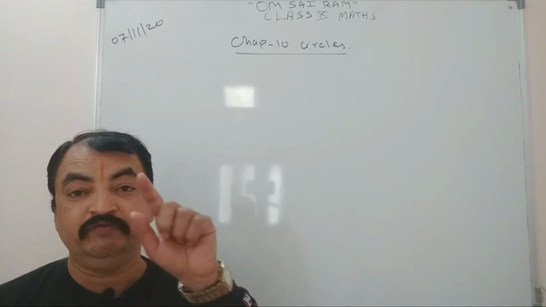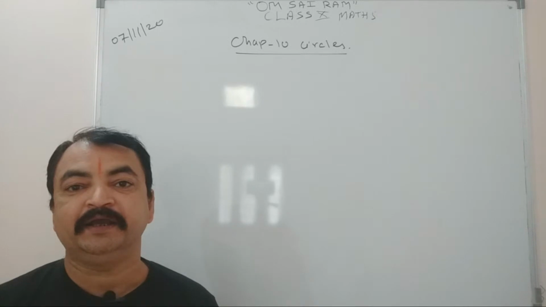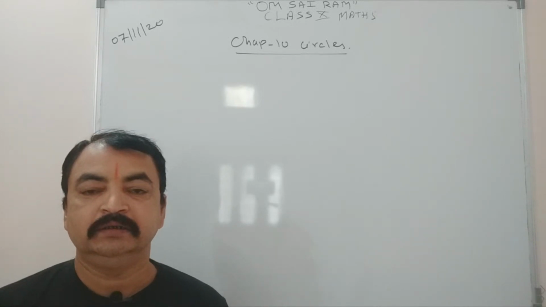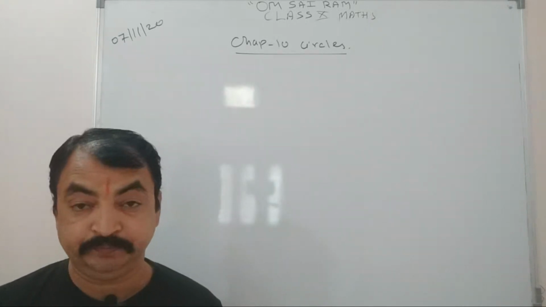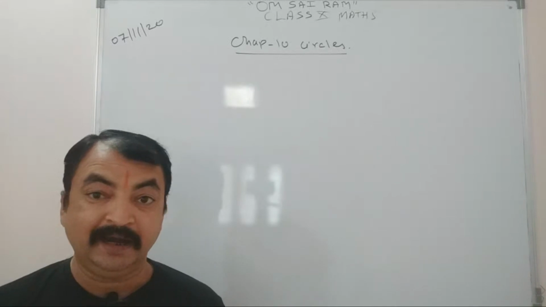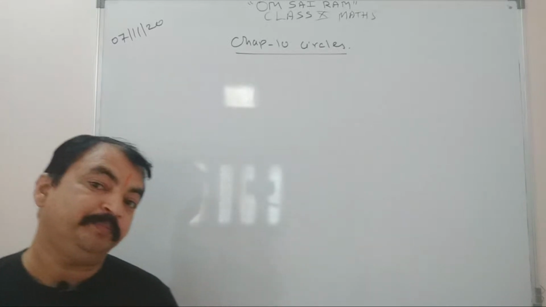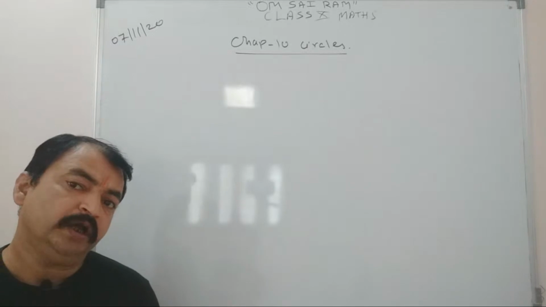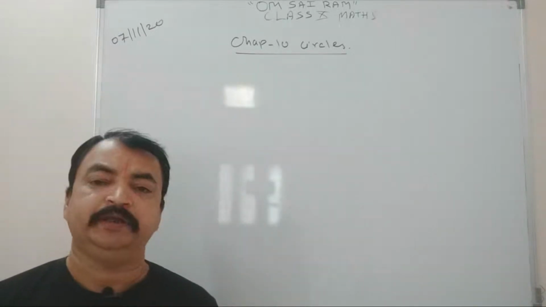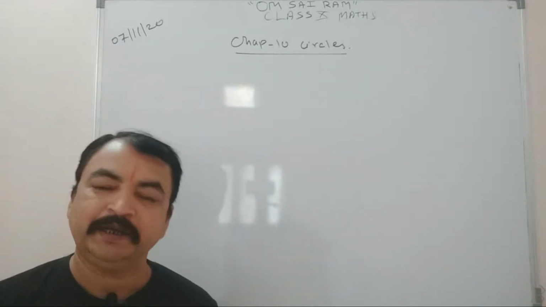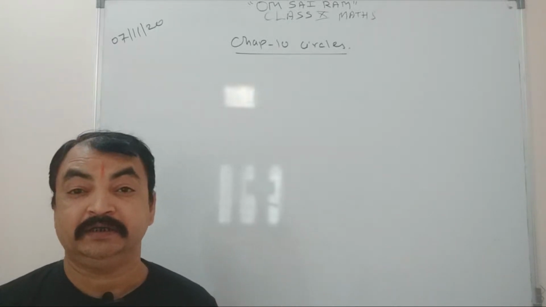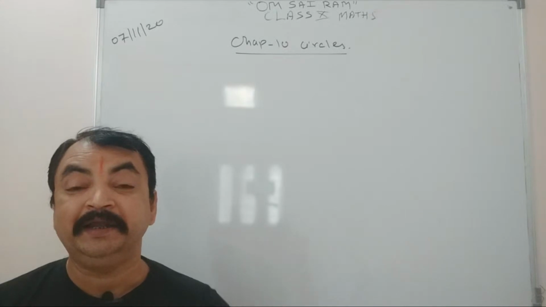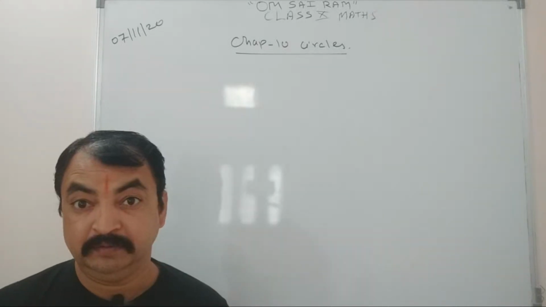So this always makes a right angle to the tangent. That is already proved. There is no need to prove it. Right, children? And other than the point of contact P, if you take any point on the tangent, its distance from the center will be greater than the radius, right?